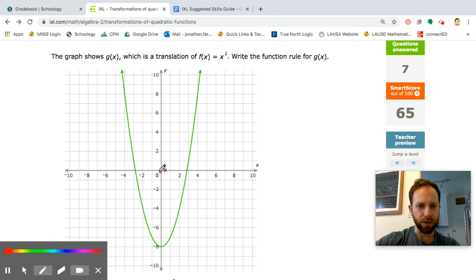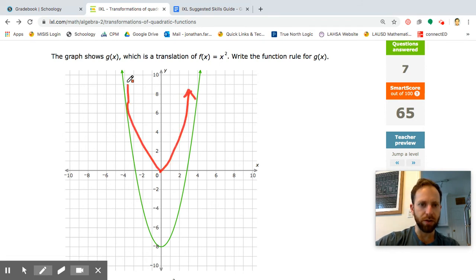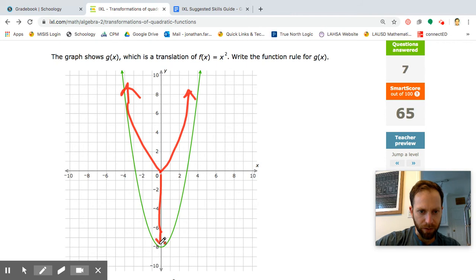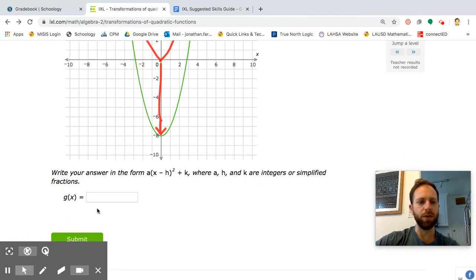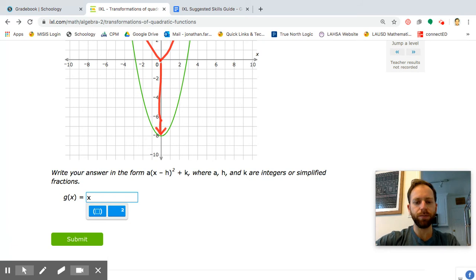So let's just kind of sketch really quickly our initial x squared. And let's think, how do we move this to get down here? Well, we moved it down 8, right? When we move this down 8, what we're really doing is taking x squared and subtracting 8 from it.